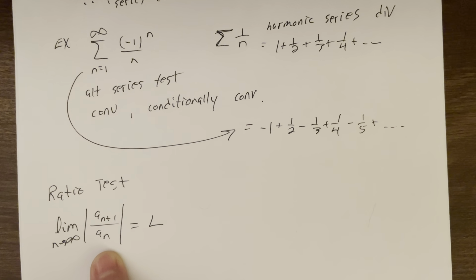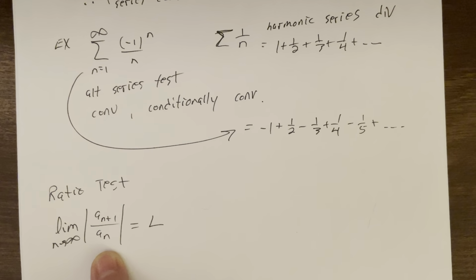If the inequality went the right way, we can get a good conclusion. For the limit comparison, whether we did a sub n over b sub n or b sub n over a sub n, it was all about just, do we get a limit value that is not zero, that is not infinity, and then the series a sub n converges, diverges the same way the series b sub n did.